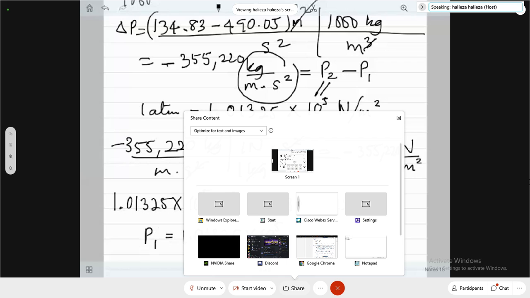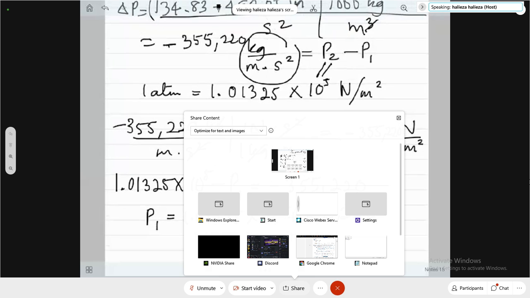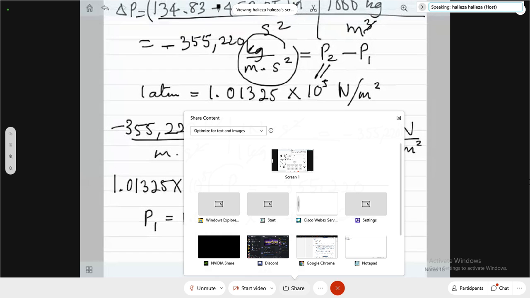Bring this over, become positive, 355,220. Is that correct, guys? Have a look at the sequence. I bring this over to that side, become positive. Yes, yes, doctor. Okay. So P1, if you calculate it, the answer will be in Newton per meter squared.